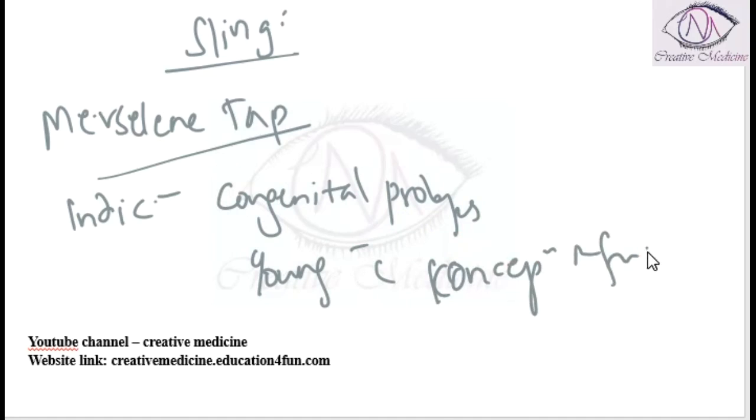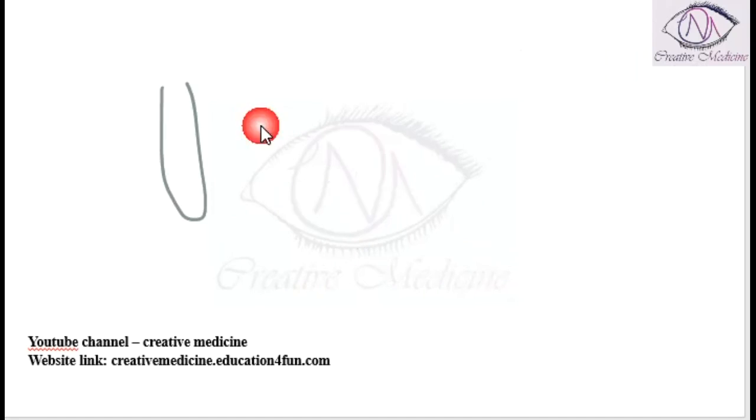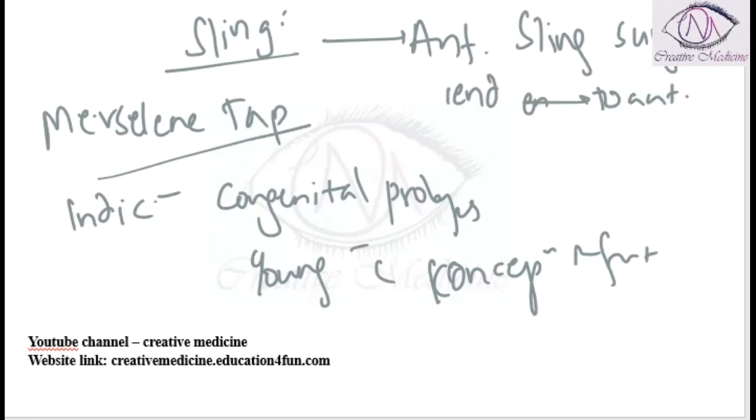Types of sling surgery. First, we have anterior sling surgery. In anterior sling surgery, one end of the sling is attached to the anterior part of the isthmus, whereas the second end is attached to the rectus sheath. This is called a dynamic sling, and here the female should have a good abdominal tone.